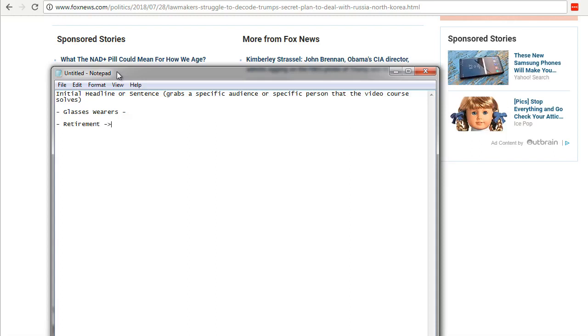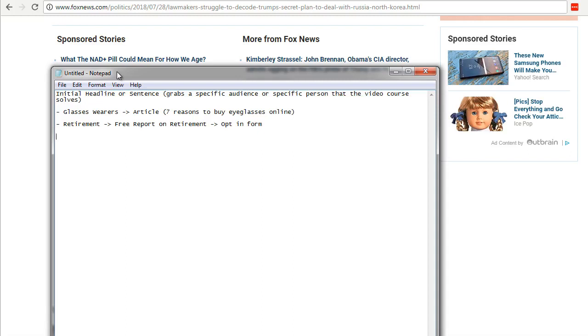We noticed that the ad went straight to a free report on retirement, and then to an opt-in form. The glasses wearers, on the other hand, went straight to an article on 7 ways or 7 reasons to buy eyeglasses online.